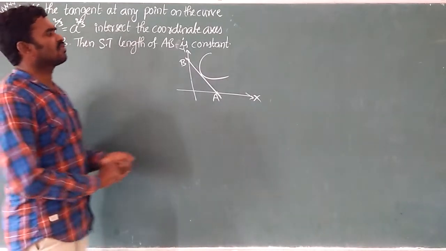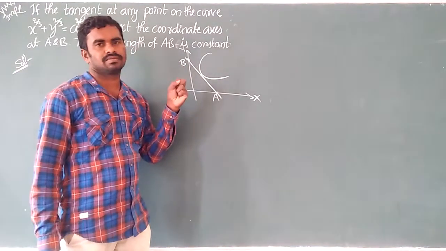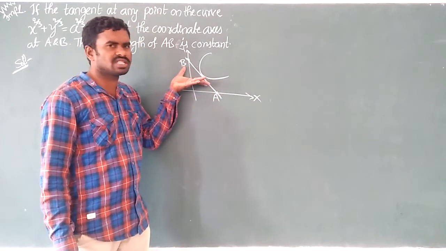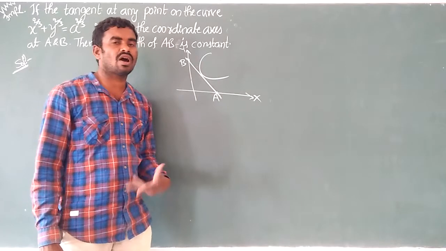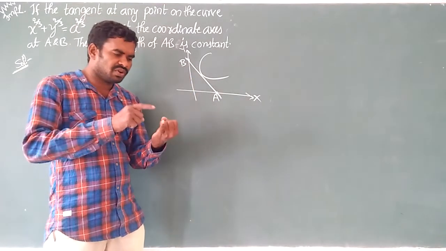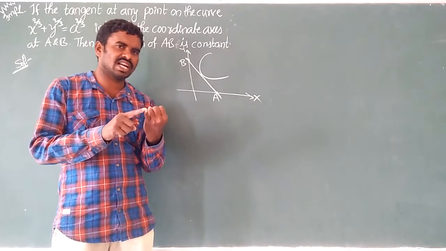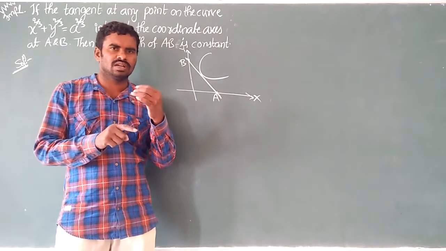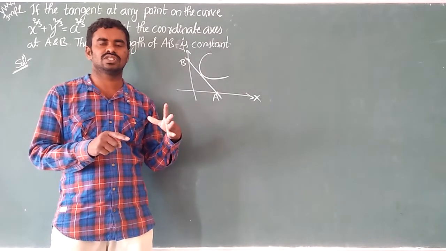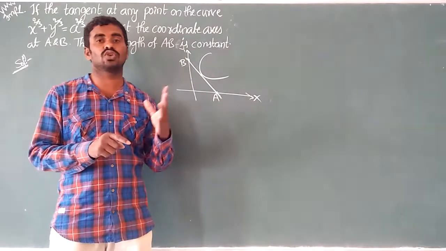So how can we find point A and point B? If you know A and B, you can simply find the distance between these 2 points, and we can write that the answer is constant. Then how can you find A and B? Do you know the forms of straight lines? General form, slope intercept form, intercept form, 2 points form, point slope form.